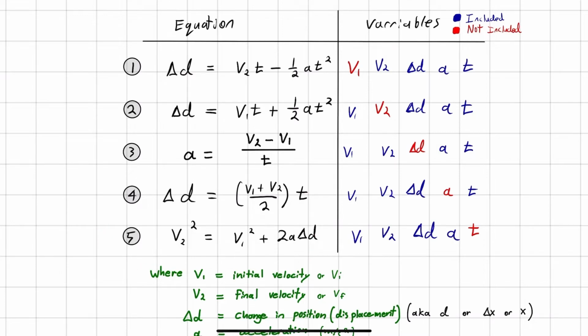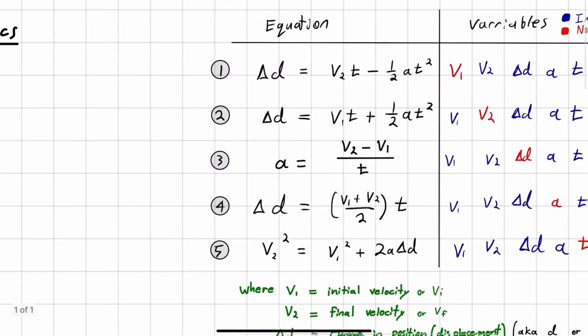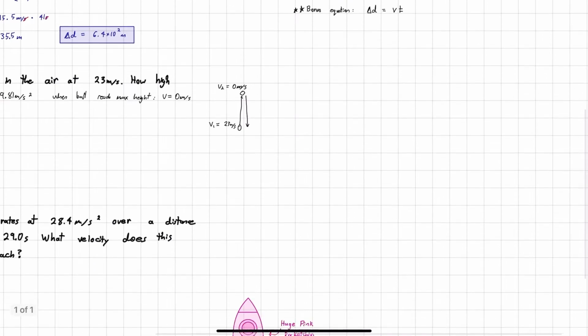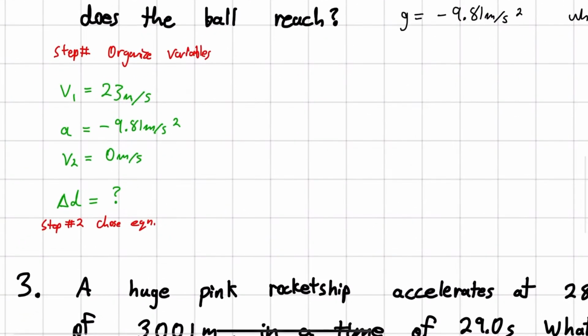So let's use equation 5. Again, your textbook or your teacher might have different numbers associated with these equations, so just look at the actual equation itself. Don't focus too much on the number here. So we have picked to use equation 5.